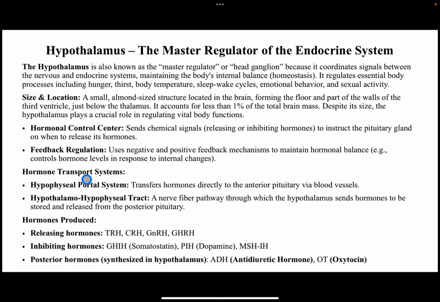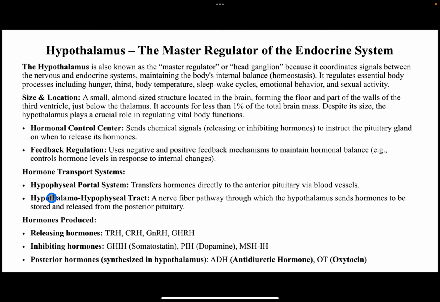Now, it has some transport systems. The hypothalamus has two transport systems. We call them the hormone transport systems, whereby the hormones are transported from the site of production to their targets via two primary systems in the hypothalamic-pituitary axis.